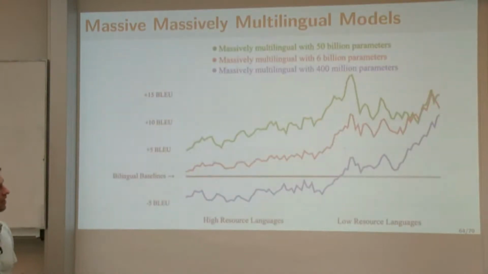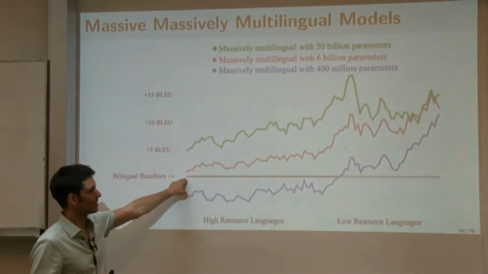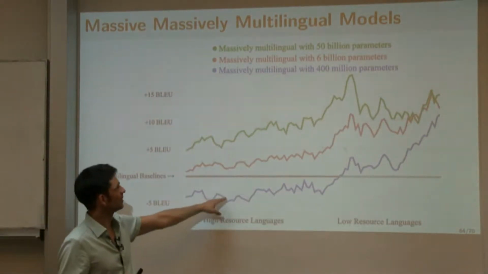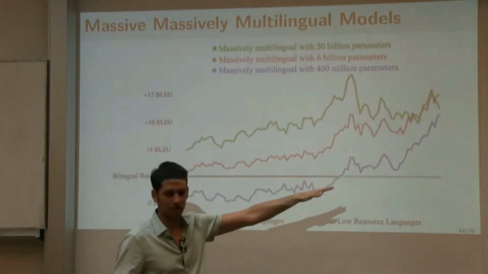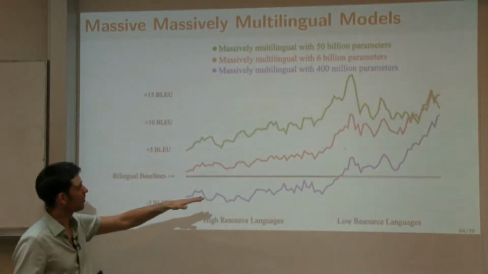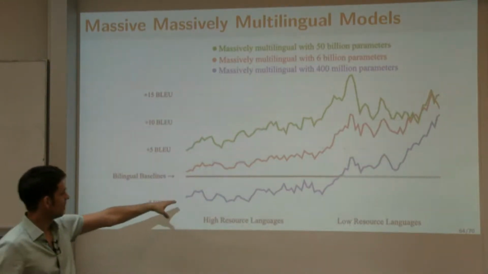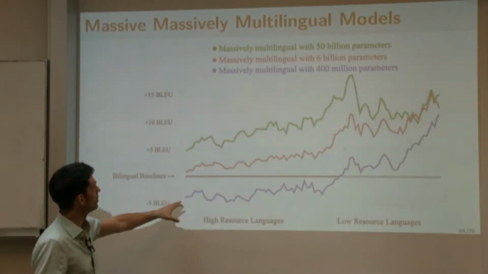And here is last year's continuation of that experiment. Here we see again the bilingual baselines. And we see the massively multilingual model with the standard number of 400 million parameters. That is the standard transformer setup, and that hurts the high resource languages.